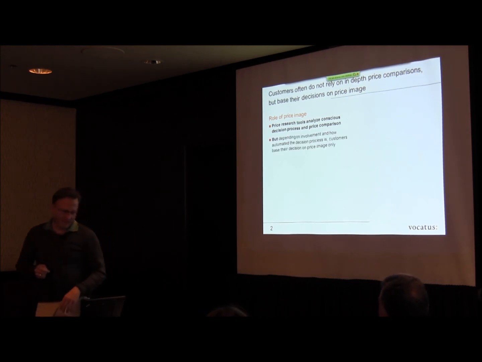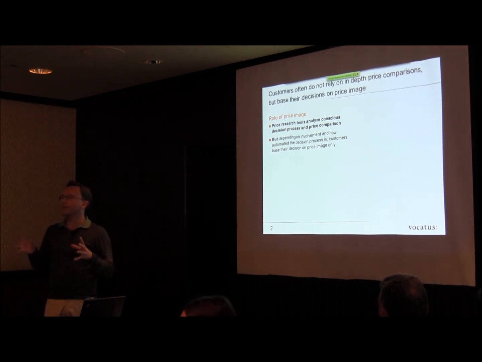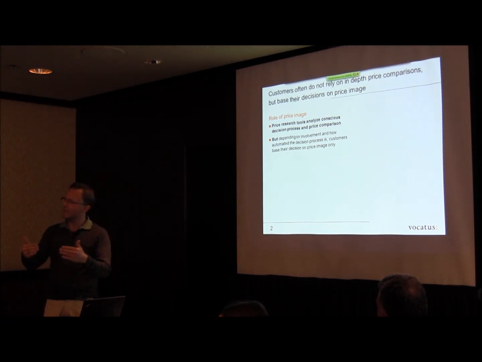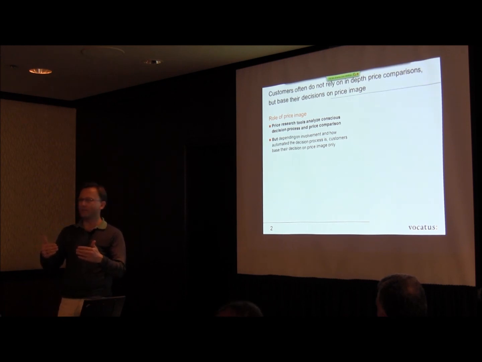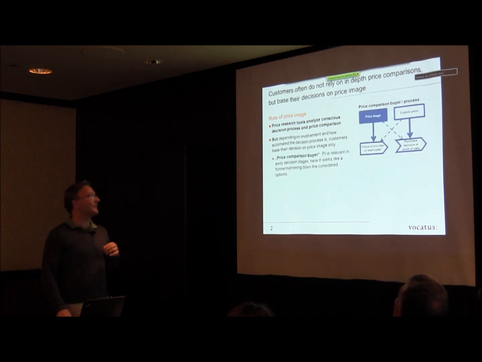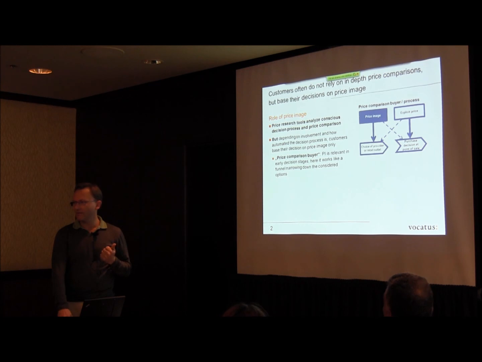But in fact, depending on the product category, the involvement, and the actual decision-making process, a lot of consumers don't really come to that stage that is simulated by these kinds of methods. So they do not really look or compare or scrutinize prices.